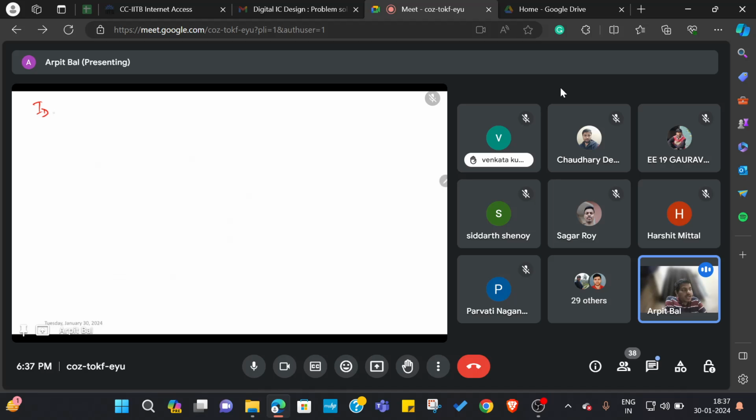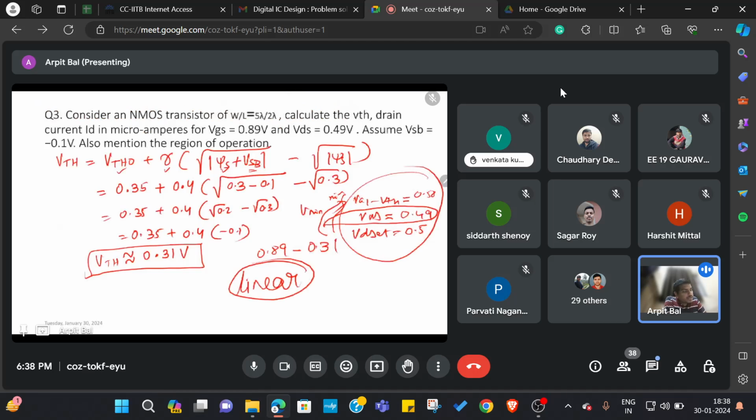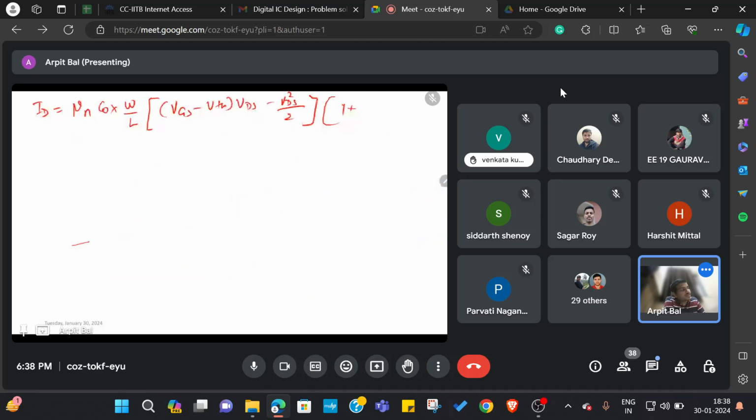So let me write down the ID formula. Mu n Cox W by L into VGS minus VTH into VDS minus VDS square by 2. Let me see whether I need to put the channel length modulation. Nothing specifically is mentioned, and it is given as W by L equal to 5 lambda by 2 lambda. So we have a channel length modulation here, and this is our Kn dash.